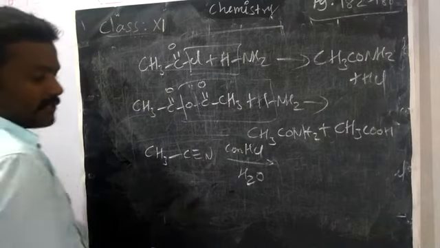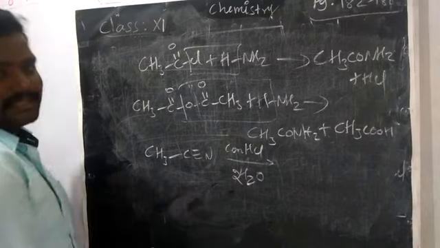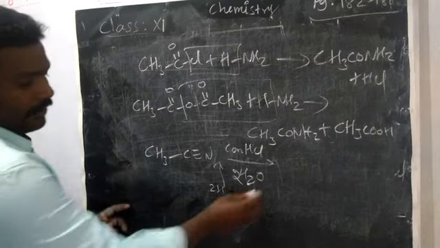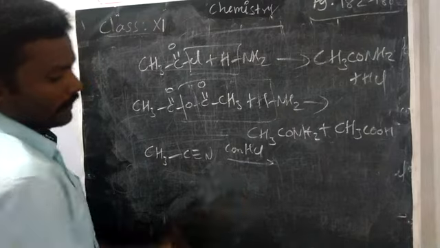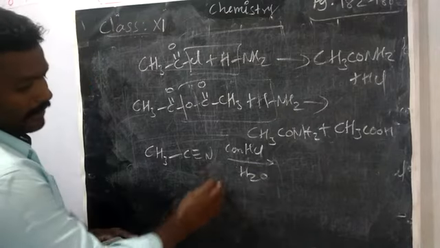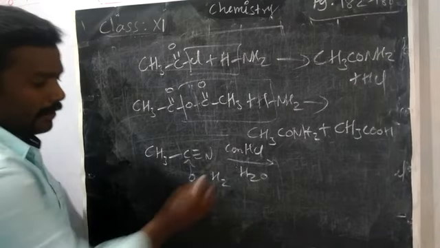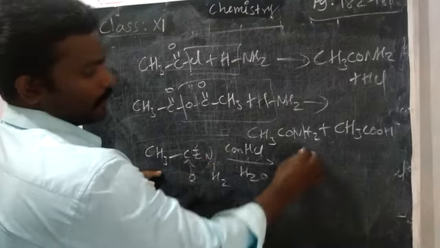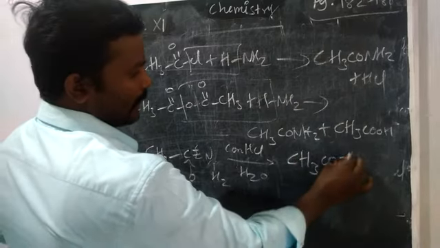So in this hydrolysis reaction we are going to take 2 moles of water. 4 hydrogen is there, so 2 hydrogen we can add in the nitrogen. 2 H2O, water, how will you write? Hydrogen here, oxygen here. So add the oxygen in the carbon, add the hydrogen in the nitrogen, triple bond becoming single bond. So you will get acetamide.